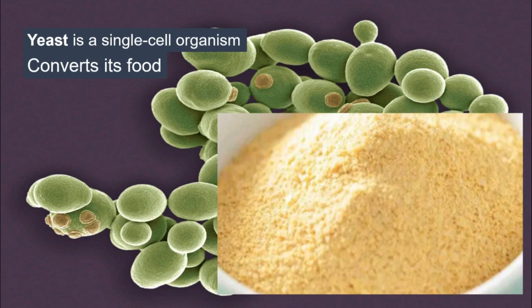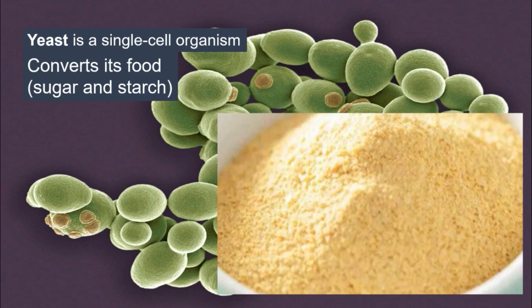So, what does yeast do? It eats and converts its food. And what is its food? Its food is carbohydrate. And what does carbohydrate mean? Either sugar or a starch. All that we eat contains more of starch and sugar.